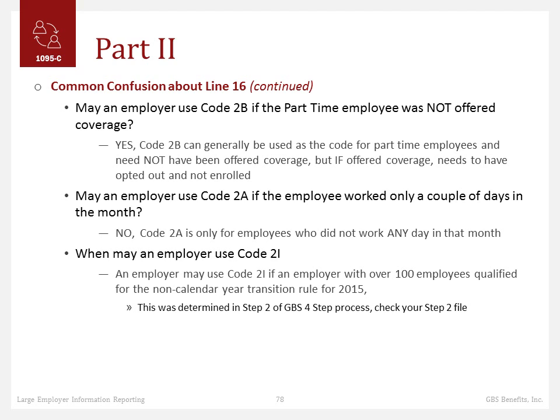But if you have and you don't remember, refer back to step 2 and look at your effective date. If you're over 100 and your effective date is anything other than January 1, 2015, then you qualified for that. And you can use 2I as an excuse for not offering coverage during those particular months because you're not exposed to penalties.